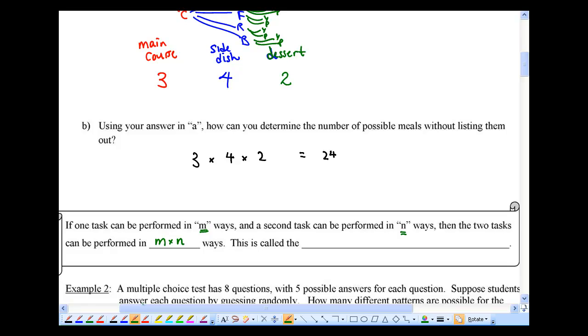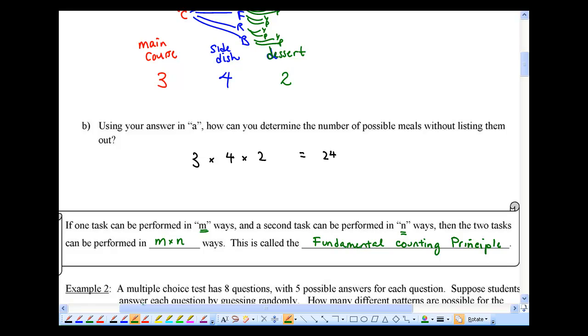In the previous example we had 3 items, so you can go m, n, and o ways for the third item, and the same idea would exist: you just multiply all of them together. This idea of multiplying them all together is called the fundamental counting principle, because it's very basic, elementary, and very important.